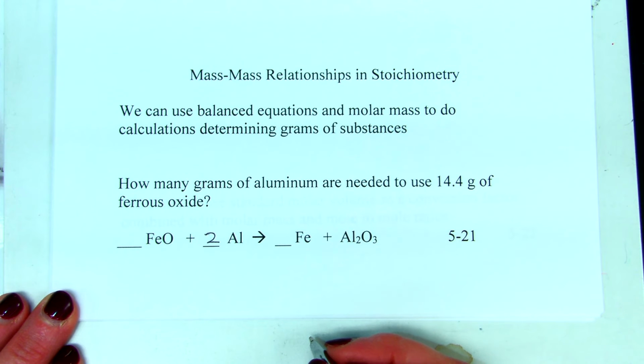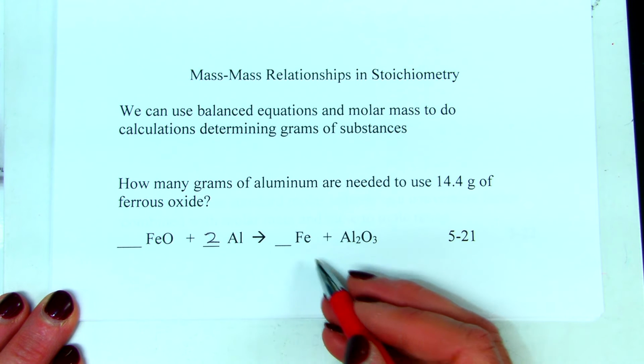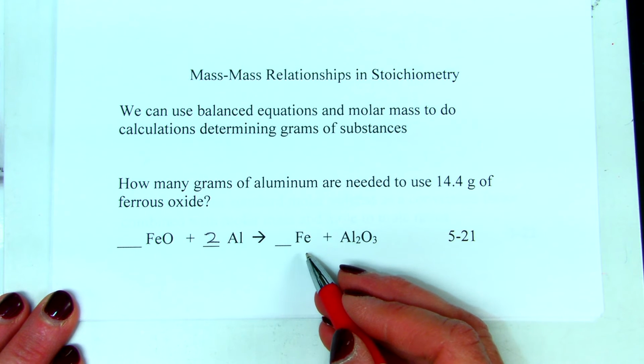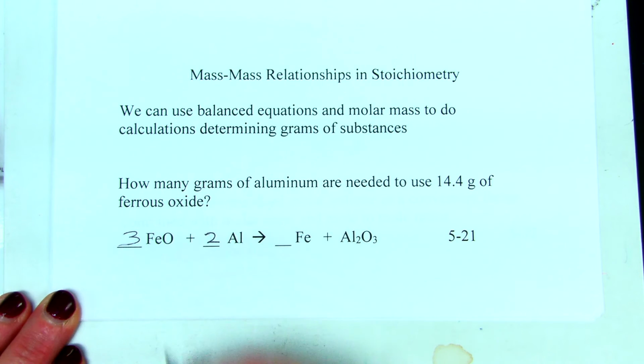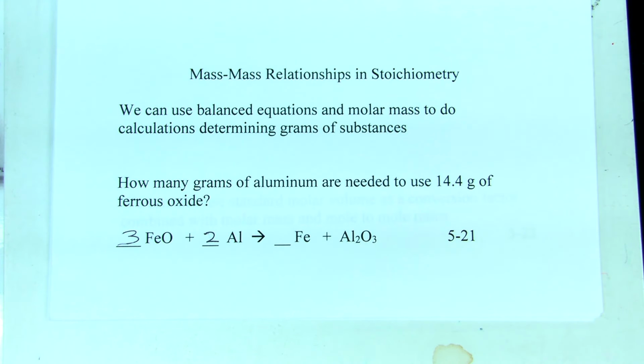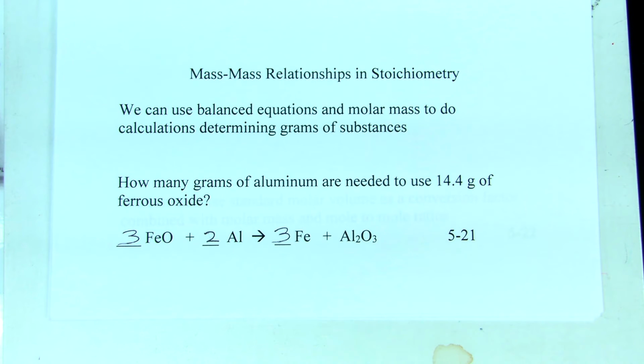Now let's look at irons last because we can fix that without monkeying up anything else. 3 oxygens, 1 oxygen. So I put a 3 in front of the iron 2 oxide. Now I have 3 irons, 1 iron, so I put a 3 there.